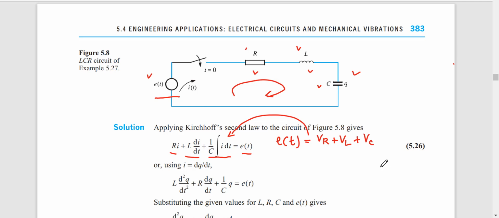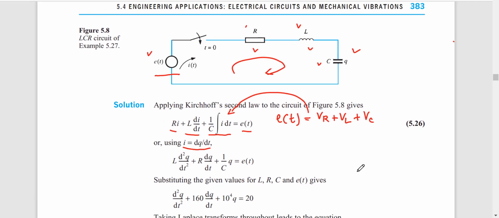Because the current I is the derivative of the charge, dq per dt, we can write this equation as these equations: L d squared q per dt squared plus R dq per dt plus 1 per C q is equal to E(t).